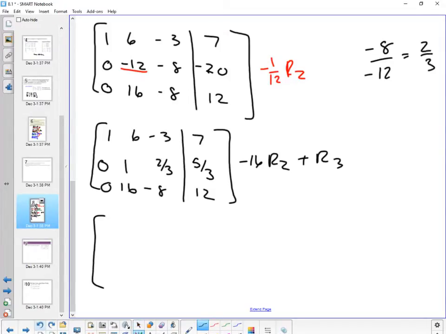Let's see how. I got 1, 6, negative 3, 7, 0, 1, 2/3, 5/3. This is going to be 0.